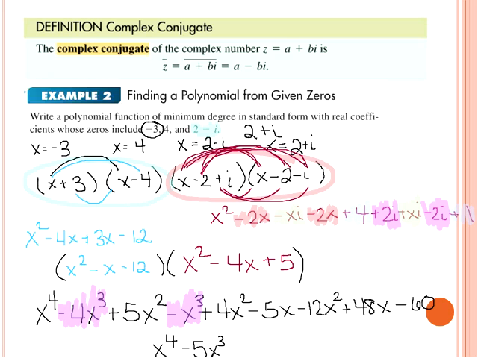Turn to the x squared. What does that simplify to? 5, 4 is 9. 9 minus 12 is a negative 3. The x's, what is negative 5 plus 48? Is that a positive 43?